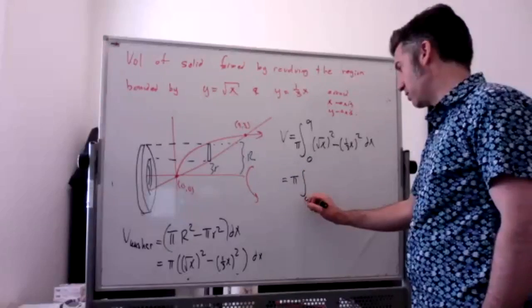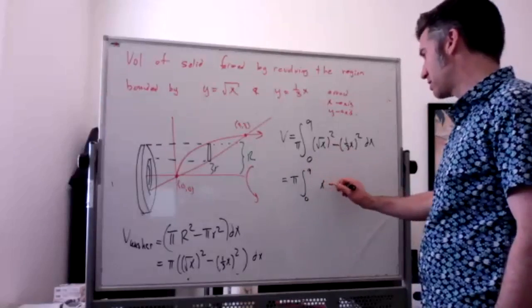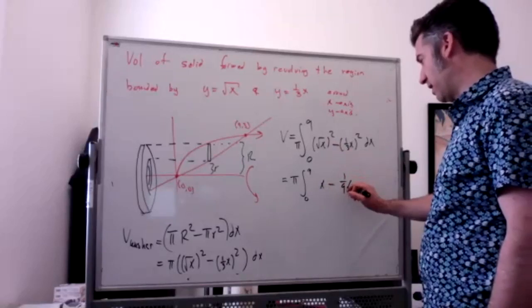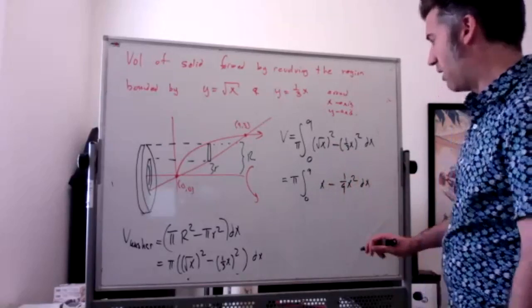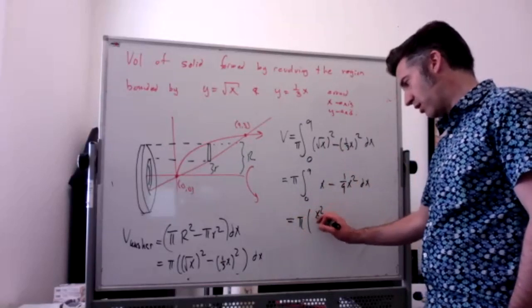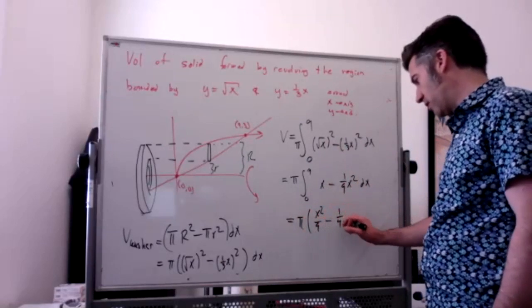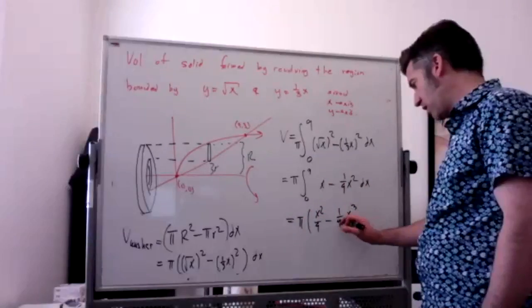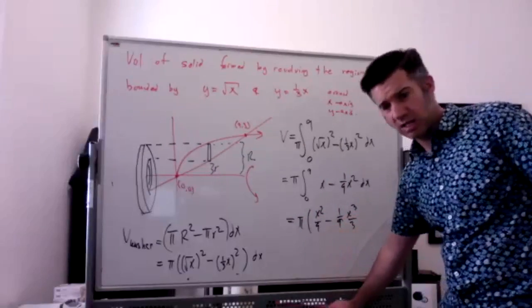Sorry, 0 to 9, square root of x squared is x, 1/3 x squared is 1/9 x squared. And then we integrate, we get x squared over 2 minus 1/9 x cubed over 3. I said over 2, but I wrote a 9.